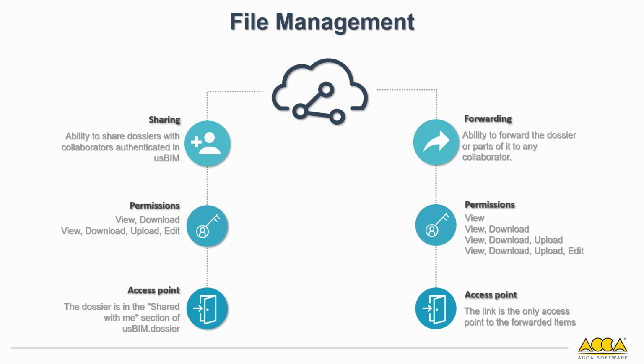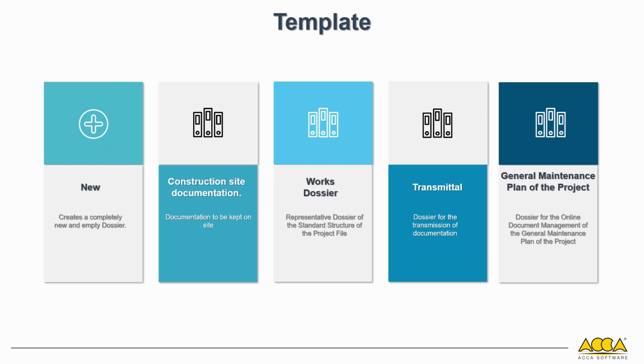In fact, you can easily share work with other professionals, allowing teams to upload, approve, and update project documentation seamlessly on the platform. When creating a new dossier, you can choose from 5 template types. New dossier creates an entirely blank document. Work documentation for construction-related documents.